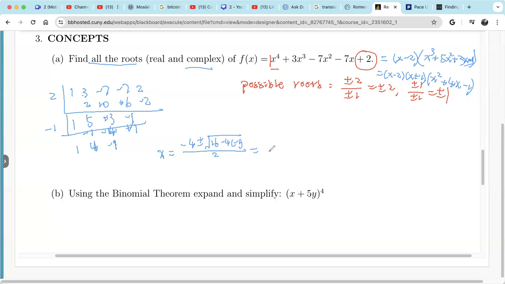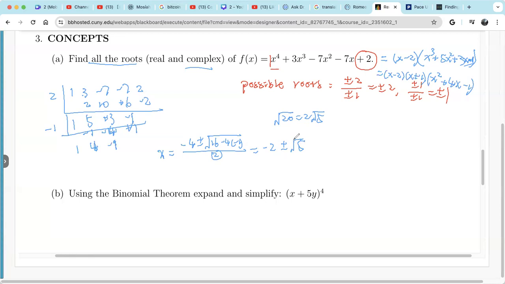So -4 divided by 2, that's -2, plus minus the square root of 16 plus 4, 20. Square root of 20 equals 2 radical 5, because 20 is 4 times 5 and the square root of 4 is 2. So 2 divided by 2 is 1. So plus minus square root of 5.